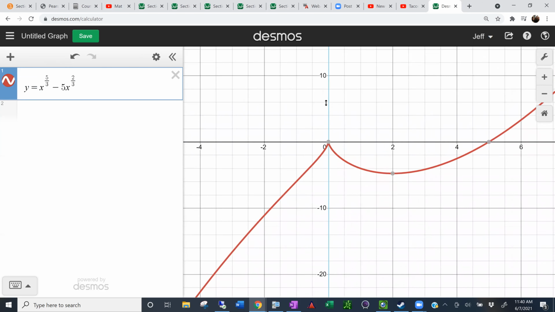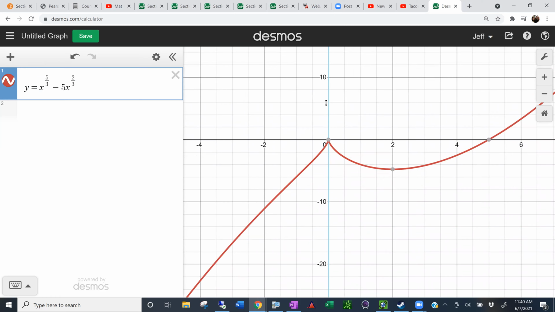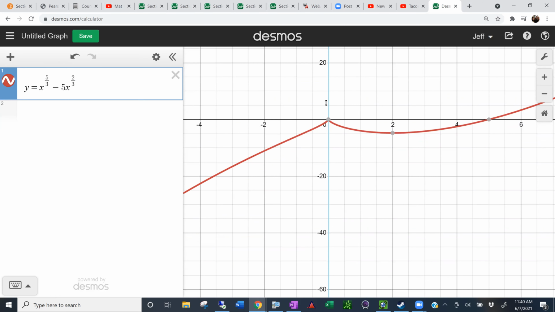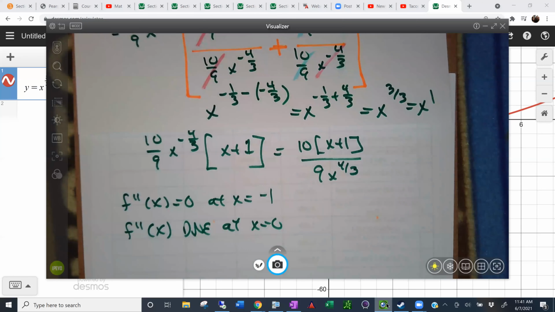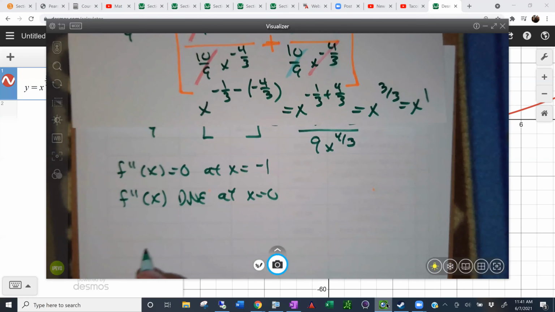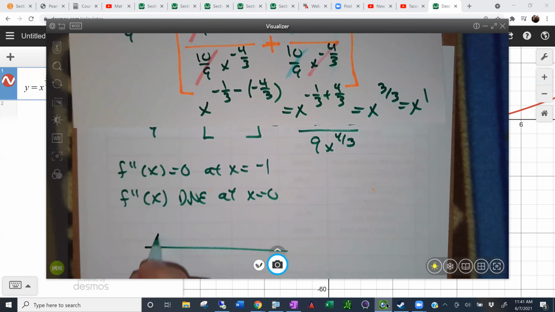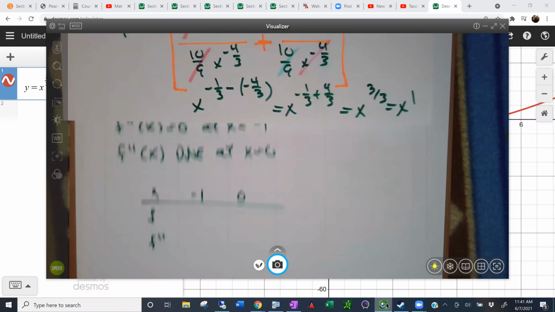Maybe we should actually take the time to do a little bit of a test here. So let's just look at the second derivative, and just write concave up and concave down. I'm just curious. So x, f double prime, -1, and 0.